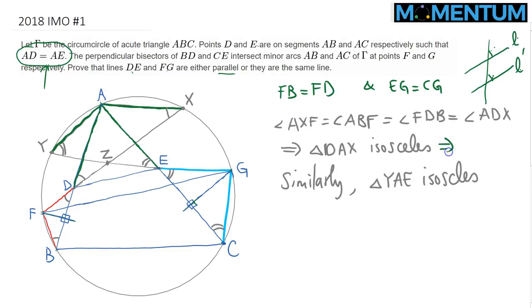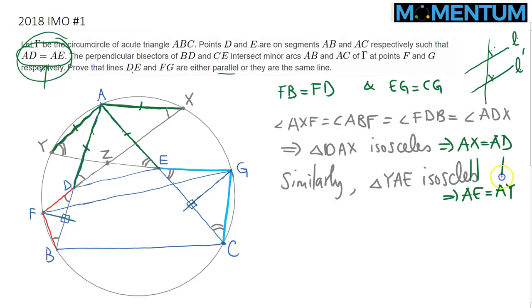So from the first one, we got that AX is equal to AD. And now we get that AE is equal to AY. And AD was equal to AE. So all these four segments are congruent to each other: 1, 2, 3, 4.